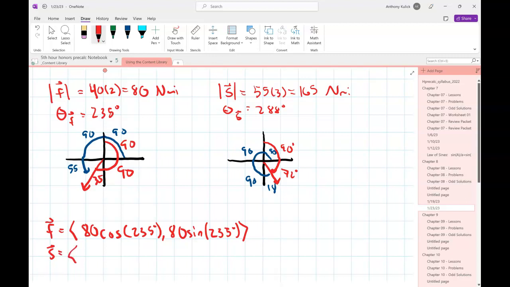Notice this still looks the same as what we did before, right? It's just now using the language of vectors. So I'm using this wedge notation and all that.